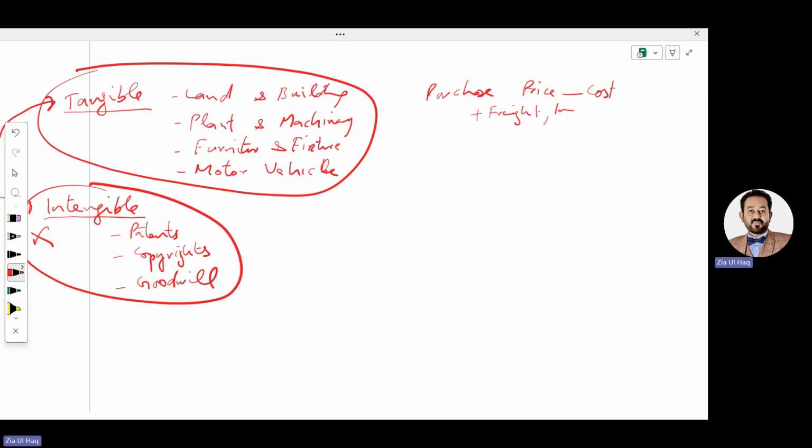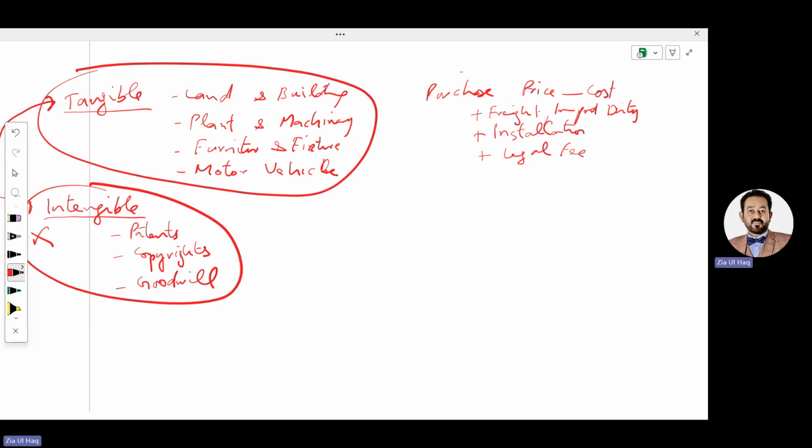If we have paid any import duty, that will also be part of asset cost. If to install that asset we need to bear some installation cost, that will be part of asset value. If we paid any legal fee, like to acquire land and building, any registry fee or legal fee, that will also be part of asset value. Is that fine?